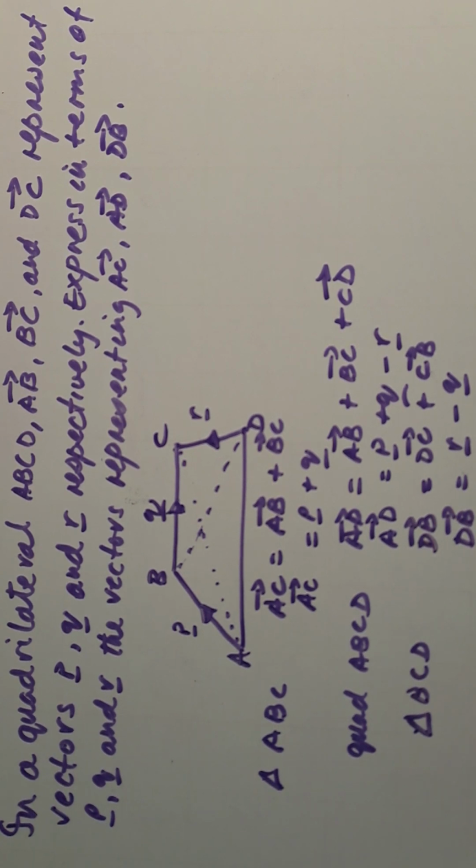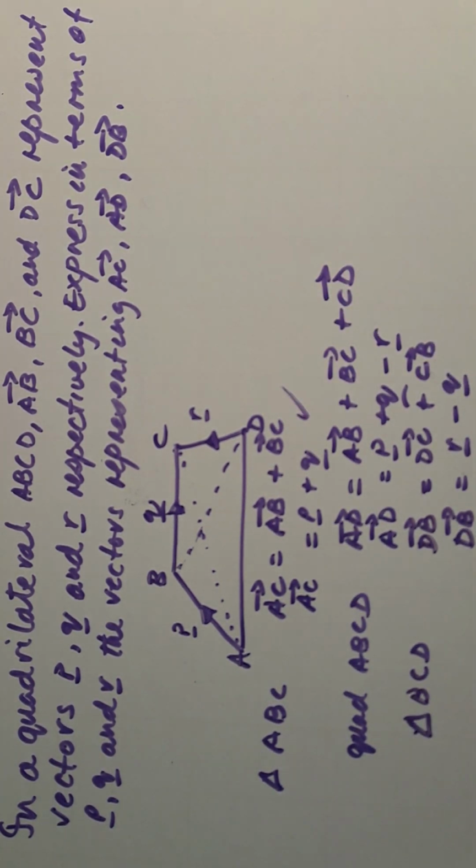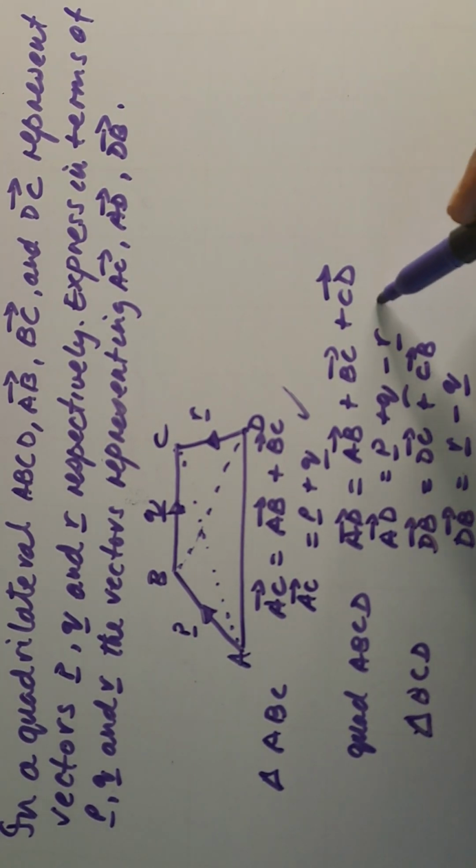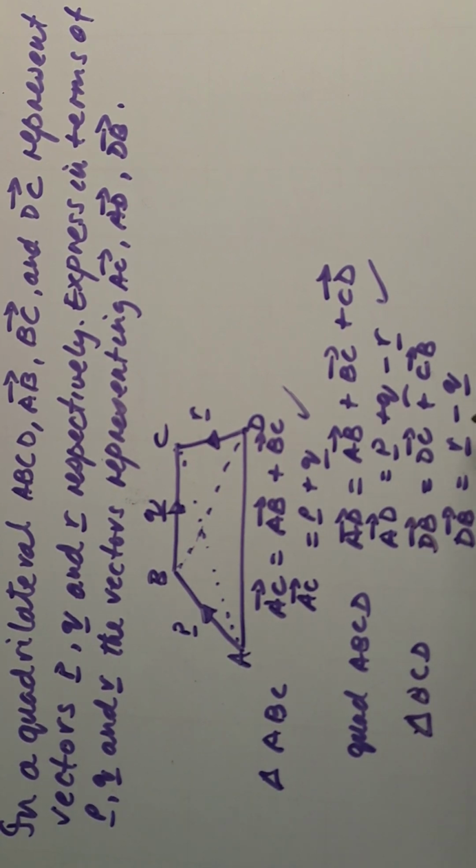We've expressed AC in terms of P and Q, AD in terms of P, Q and R, and finally DB in terms of R and Q.